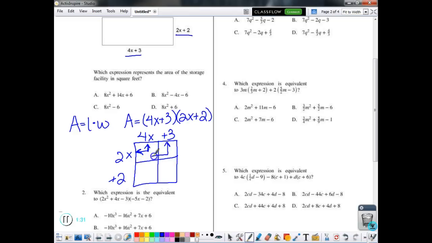This box comes from here and here. This one comes from here and here. And this one comes from here and here. That's how you will be multiplying. Okay, and once you multiply, then you're going to add up all the little squares, and then you're going to combine your like terms, right? So go ahead and do that.